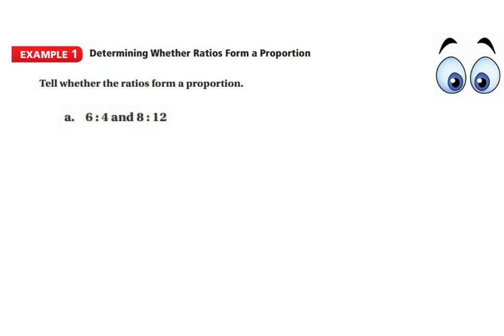So thinking about what I just showed you, let's think about whether the ratios form a proportion between 6/4 or 6 to 4 and 8/12 or 8 to 12. I can see right away that 4 times 3 is going to be 12.